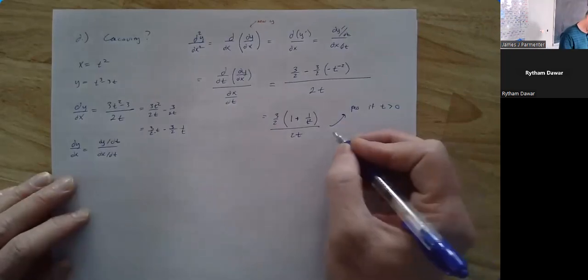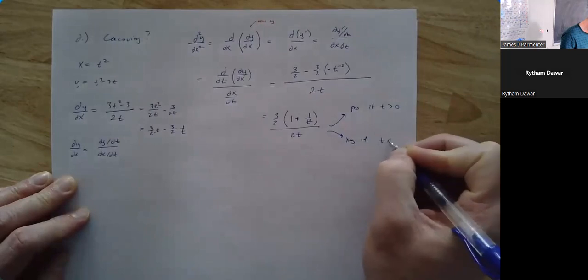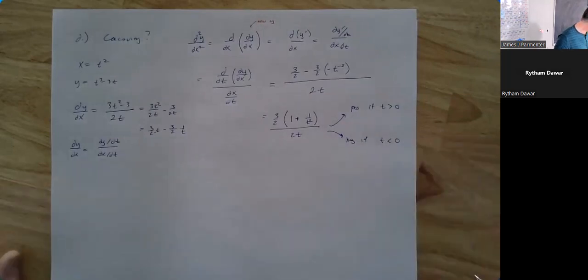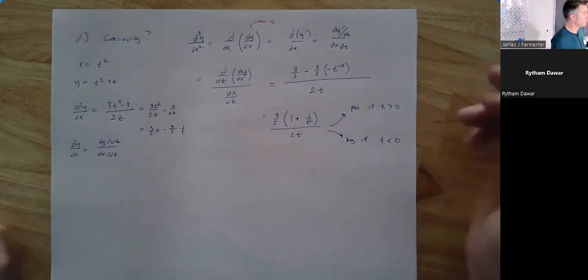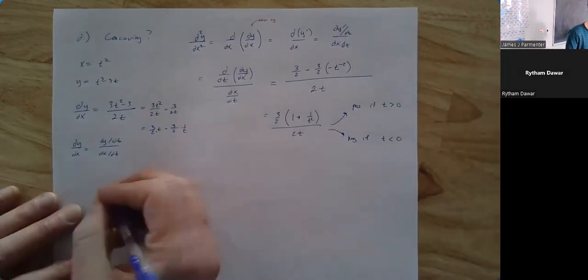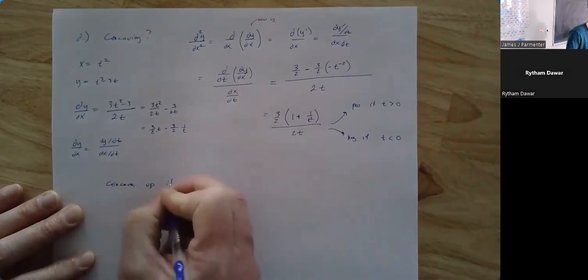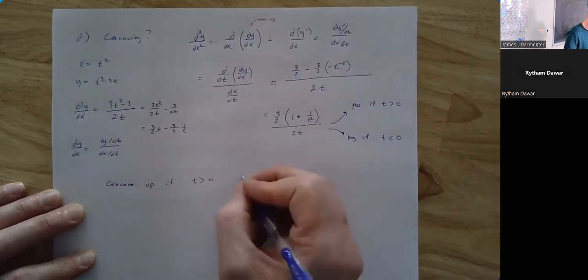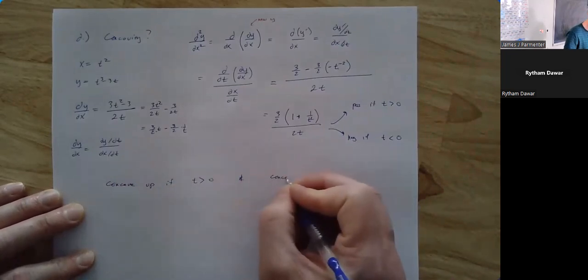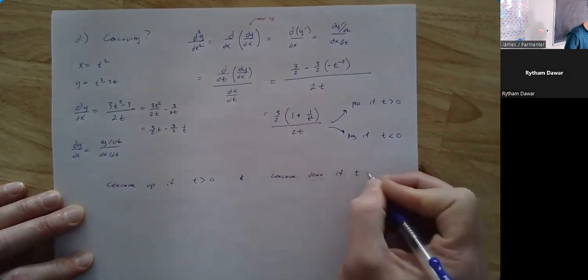And similarly, this is going to be negative if t is negative, which again certainly goes with what we were saying. So what we're really saying here is this is concave up if t is greater than 0, and it's going to be concave down if t is less than 0.